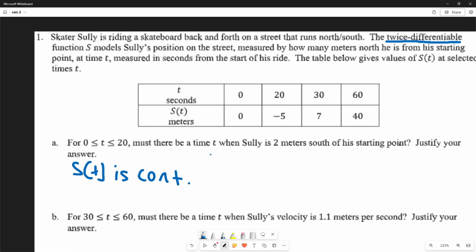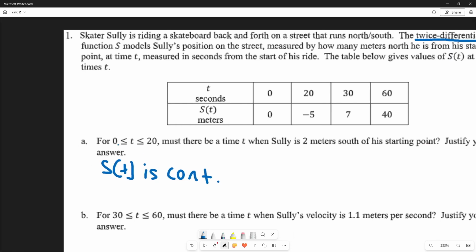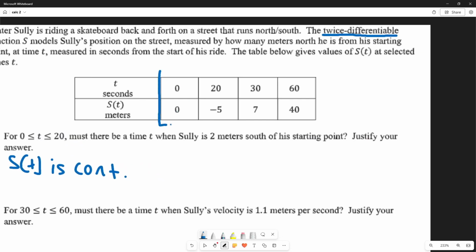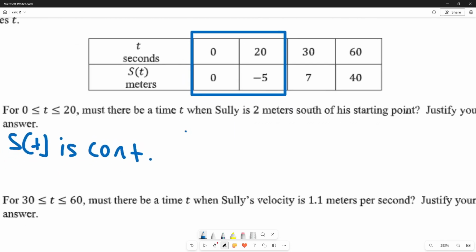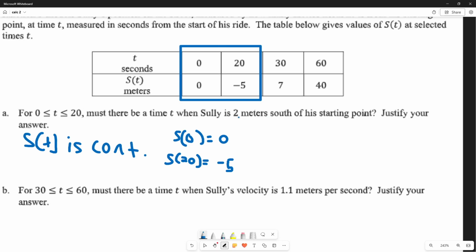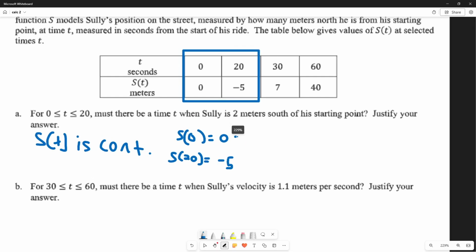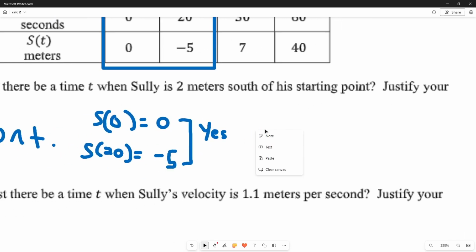And it's asking, must there be a time t when Sully is 2 meters south of the starting point in the interval from 0 to 20? So we're just looking at this time range. s of 0 equals 0, and s of 20 equals -5. Is there a time t where Sully is 2 meters south? We can say yes, because there is a value of c.